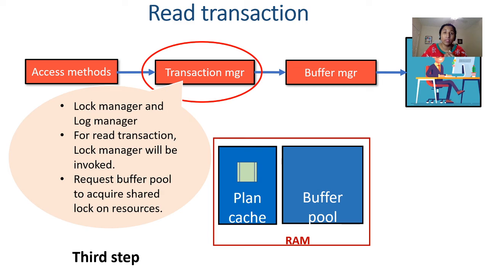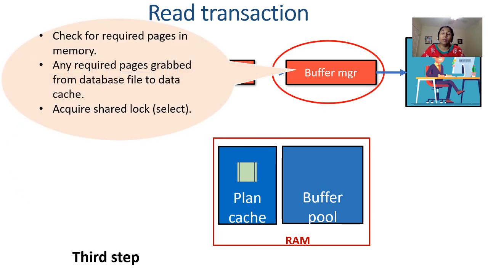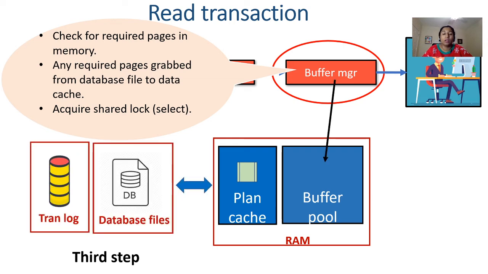Once the query is now sent to the buffer manager component, the buffer manager will first put the shared lock on the resources it needs to process the query, and then it will go ahead and check if the resources that it needs are already in the buffer pool. That means the data pages that it needs are already in the buffer pool.